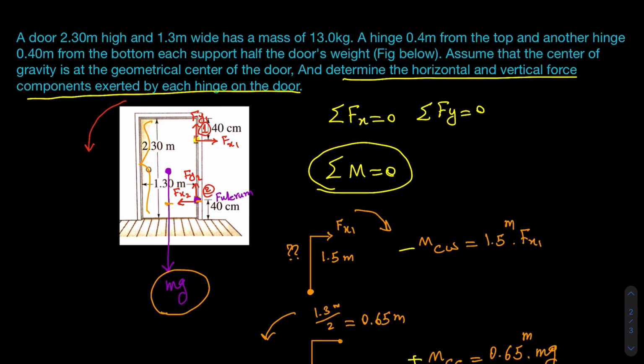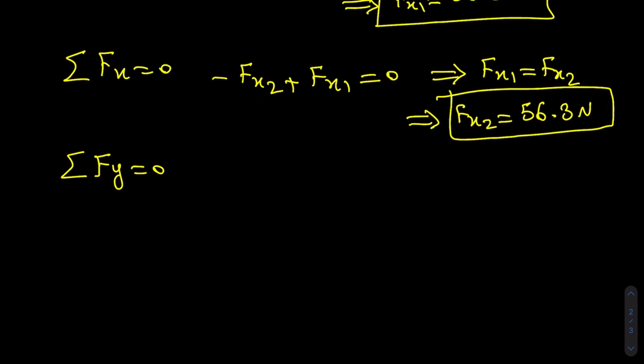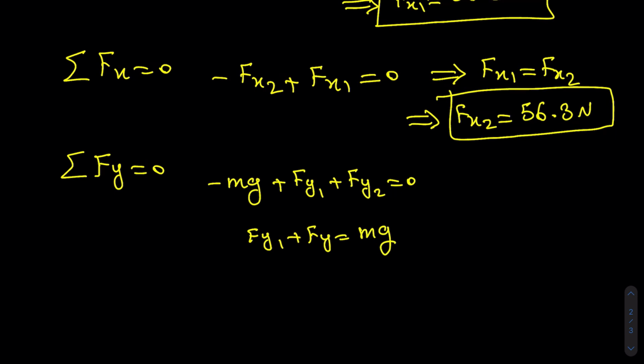Forces heading down are negative and forces heading up are positive. So it will be minus mg plus fy1 plus fy2 equal to 0 to keep the door balanced. Therefore, fy1 plus fy2 is equal to mg.